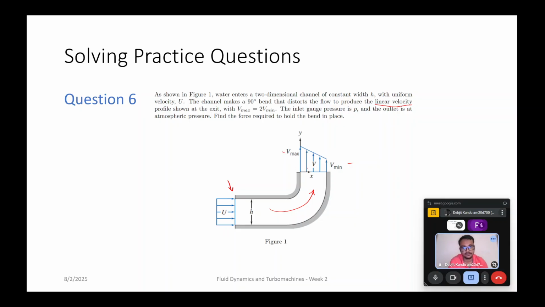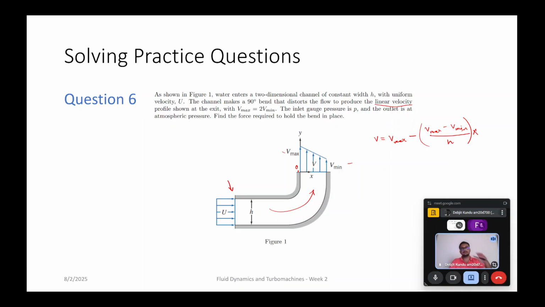So, V being the velocity at any point, and since our origin is here, V can be written as V max, it linearly goes down to V min, so this will be negative of V max minus V min, my width is still h, and it's a linear function of x.